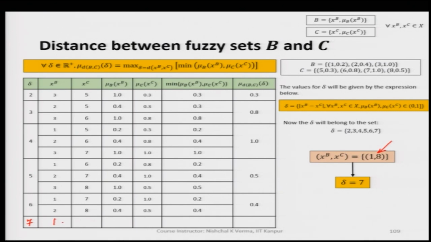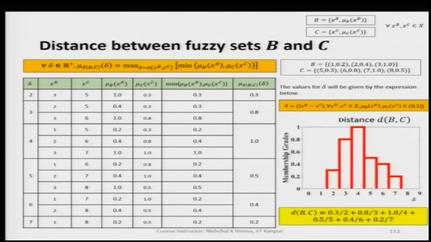So x b here is 1 and x c here is 8, and this way we get the corresponding membership values from the fuzzy sets B and C, and that is how we fill these entries.